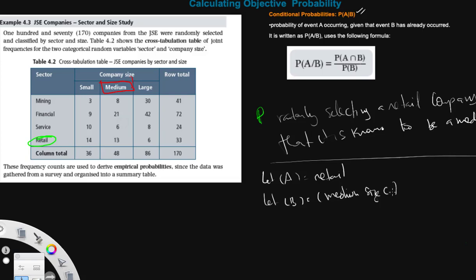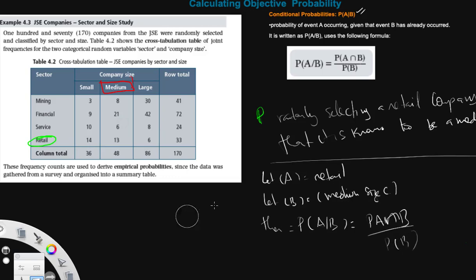So then what's going to happen is that P of A given B will be the intersection first of what we've done already, P of A and B here, and we'll divide it by the condition, medium.